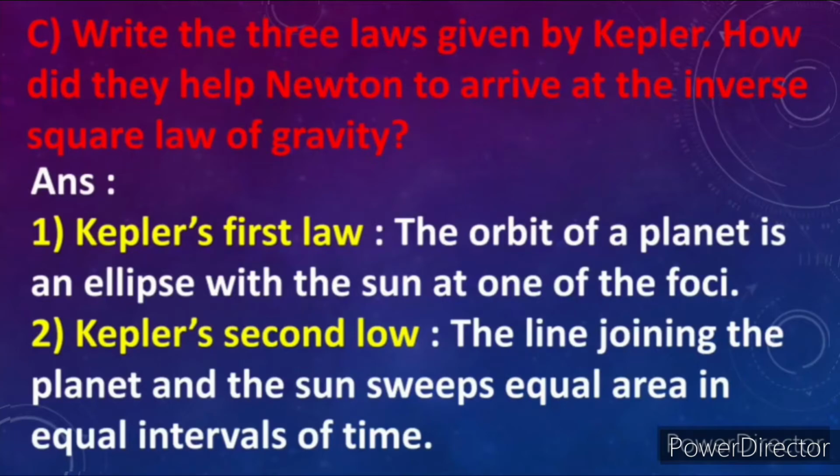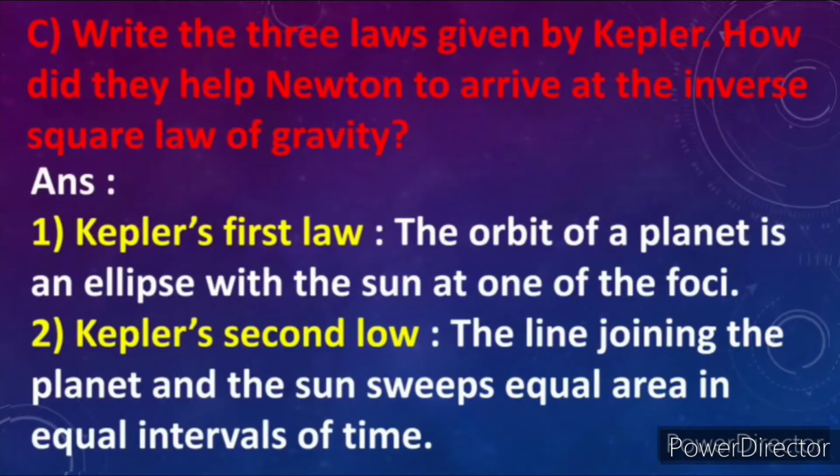C. Write the 3 laws given by Kepler. How did they help Newton to arrive at the inverse square law of gravity? Answer. 1. Kepler's first law. The orbit of a planet is an ellipse with the sun at one of the foci. 2. Kepler's second law.